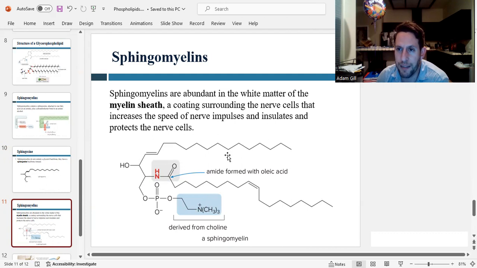That myelin sheath coating increases the speed of nerve impulses, and it insulates and protects the nerve cells. There are certain diseases where the myelin sheath degrades and it leads to dementia and other neurological conditions. So it's very important to have sphingomyelins being healthily made in your body because you need them for your brain.